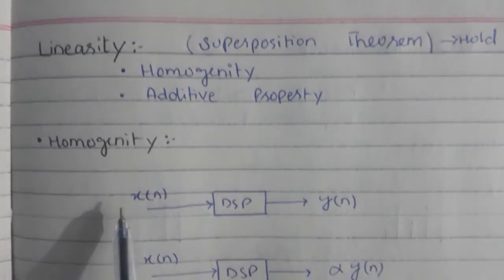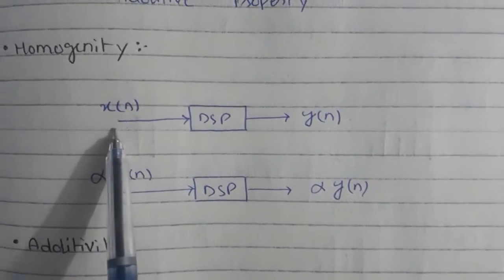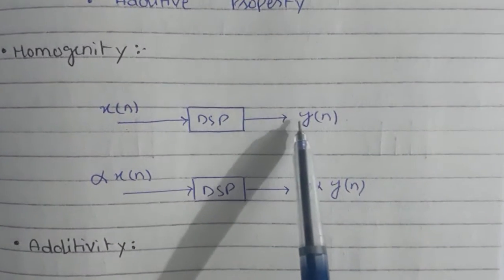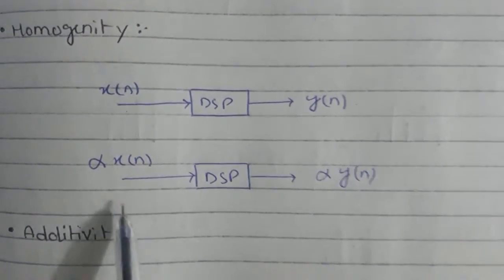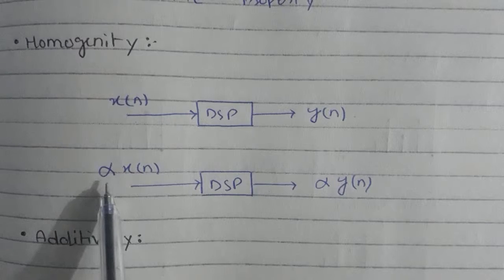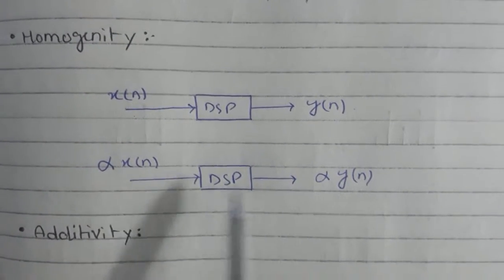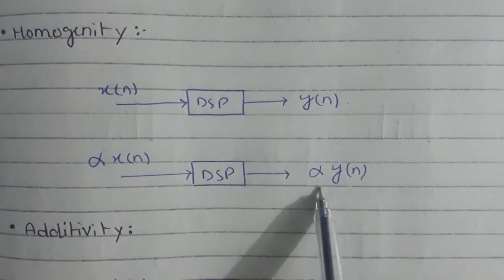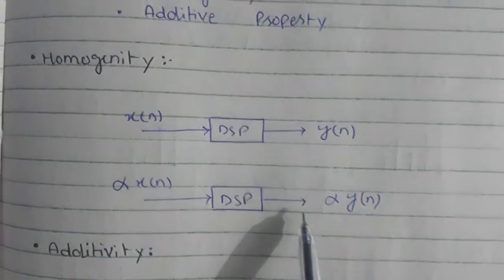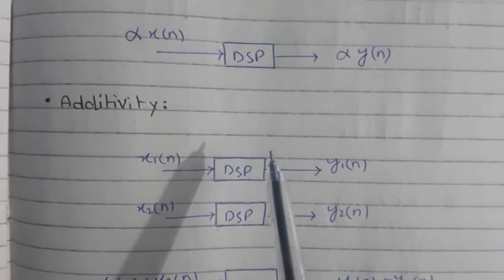So what is homogeneity? Suppose we have a signal x of n with output y of n. When we multiply the input by some scalar like alpha, we get the same scalar at the output side. So it is called homogeneity. Now what is additivity?